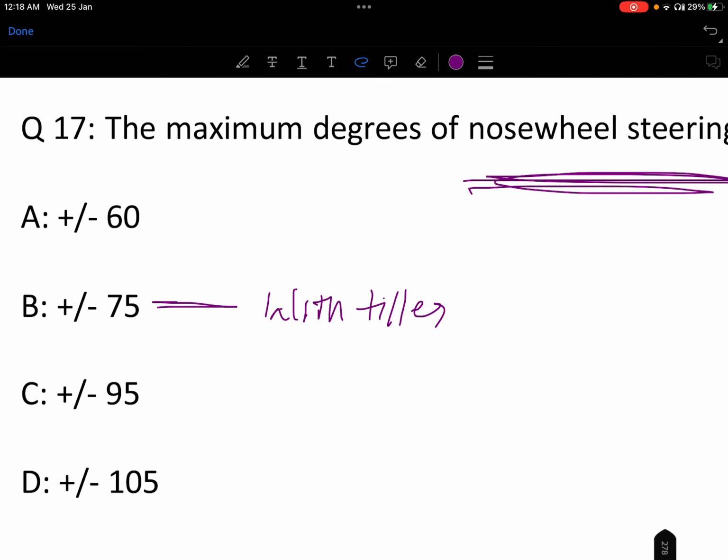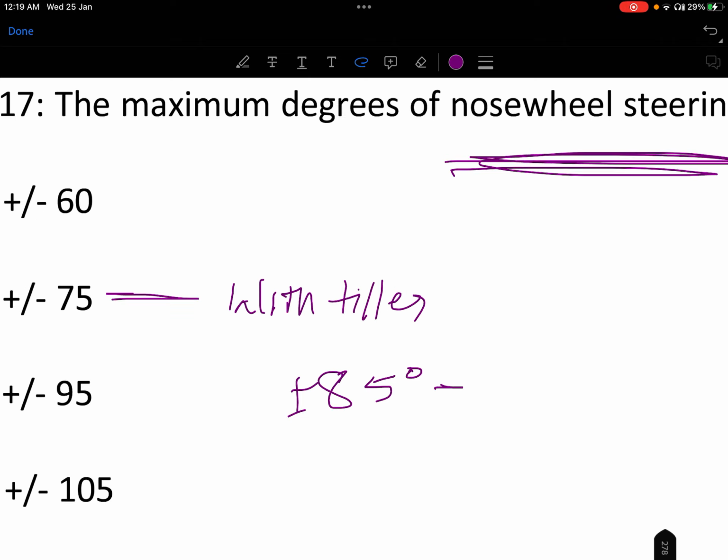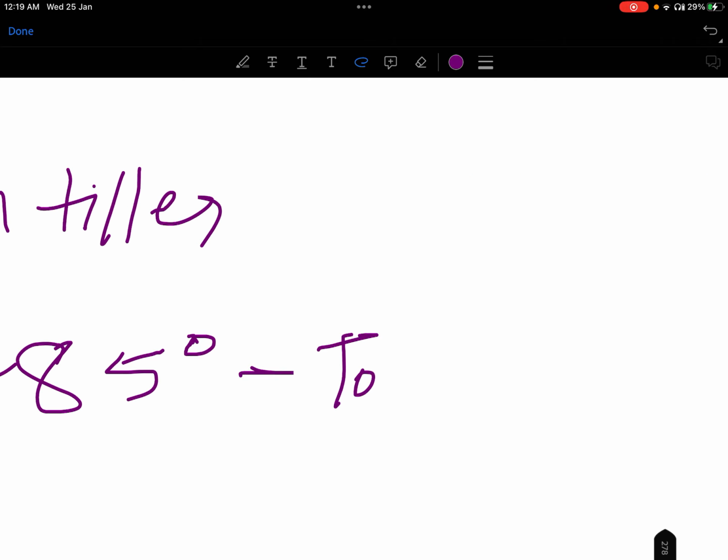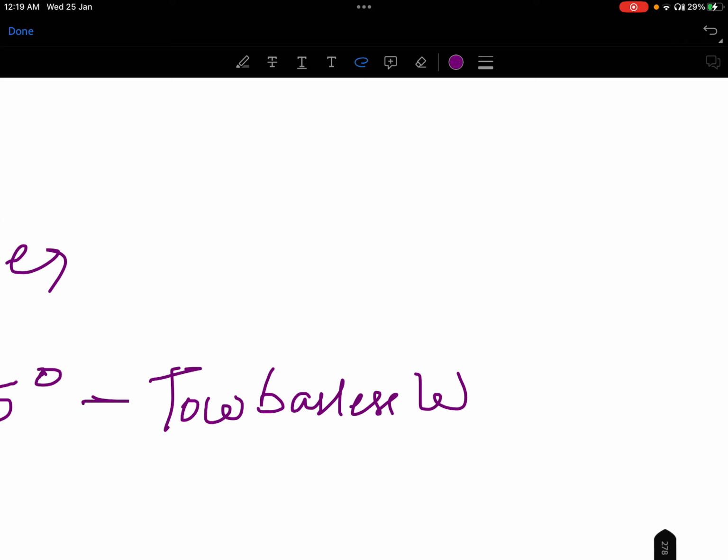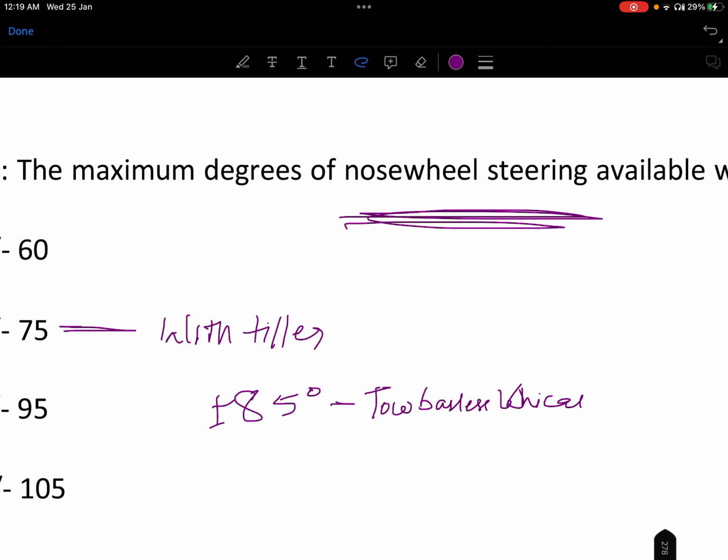We can steer plus minus 85 degrees each side with the help of a towbarless vehicle. What is a towbarless vehicle? Basically, it holds your nose wheel, pulls it up, and then turns it.